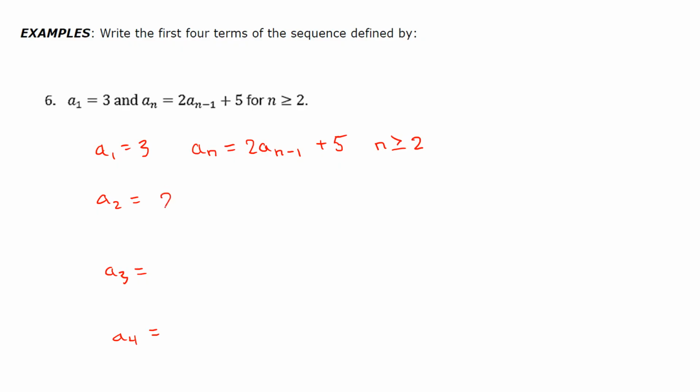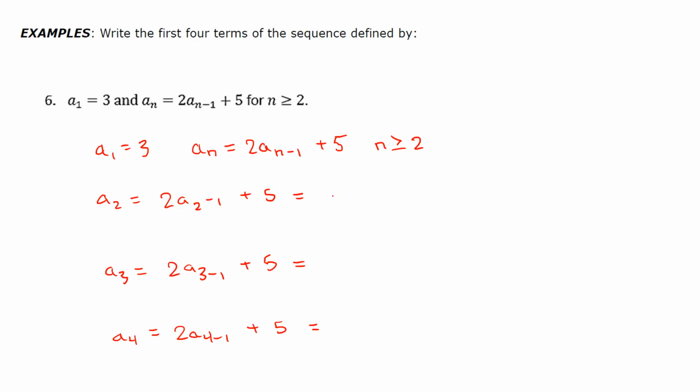So let's substitute in our value for n, and then plus 5. So we'll have 2a. I'm just setting each one up by just substituting in my value of n, knowing that I'm going to need the previous value in order to find the current one.